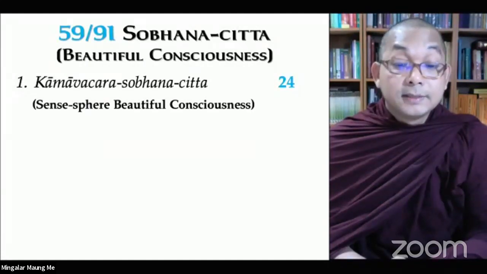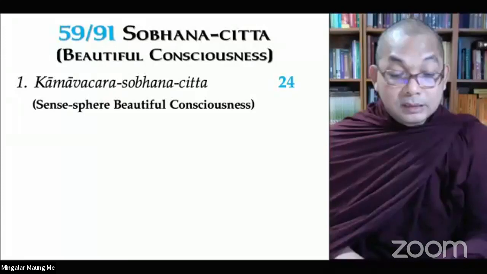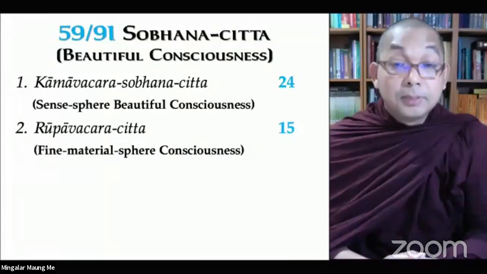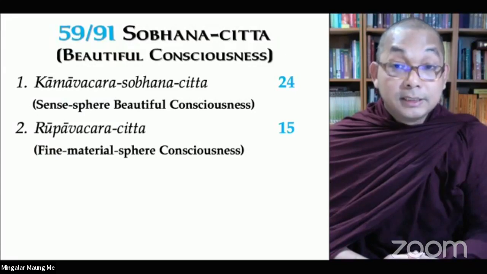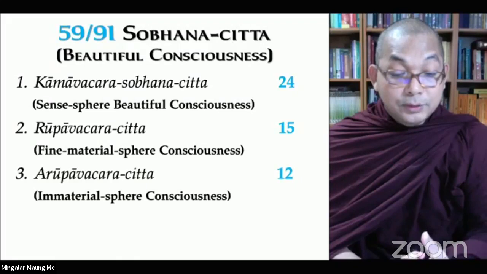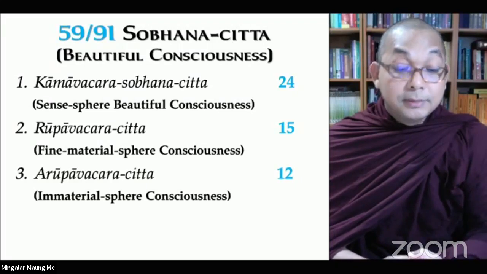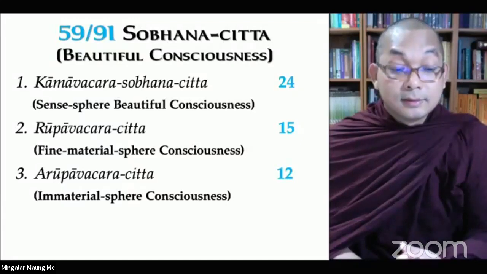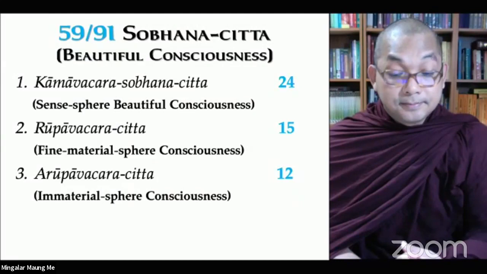Chitta means consciousness. We have 24. Today we will learn the 24 kamavacara chittas. Then we have 15 rupavacara chittas, fine-material sphere consciousness. We have 12 arupavacara chittas, immaterial sphere consciousness. The rupa and arupa are jhana chittas.